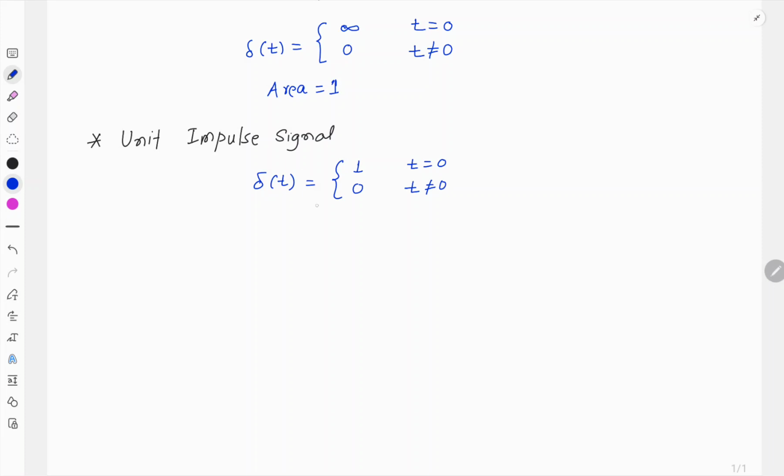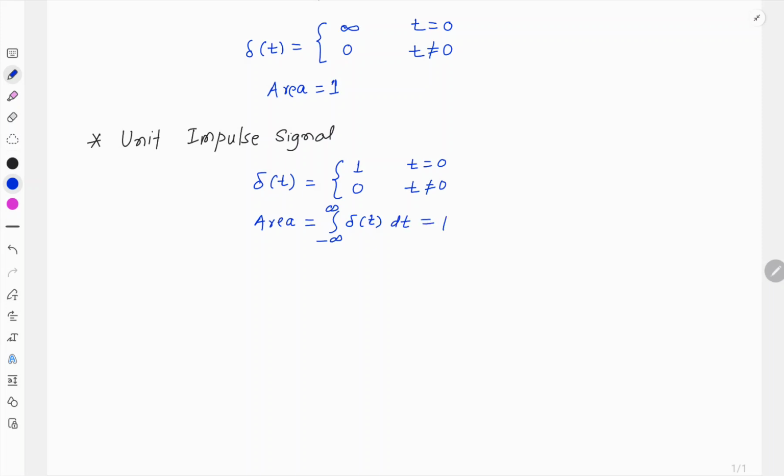But remember here, this equation is not the complete definition for unit impulse. You need to mention its area, which is denoted as integration from minus infinity to plus infinity of delta(tau), or you may mention it as t also, delta(t) dt is equal to 1.